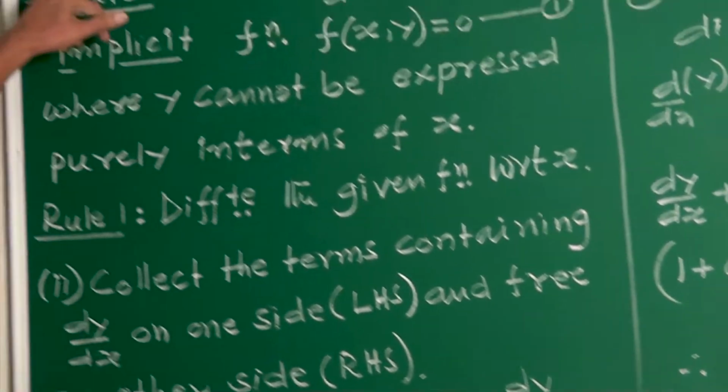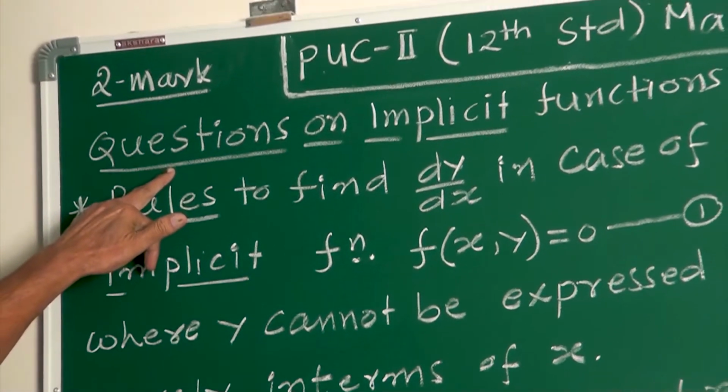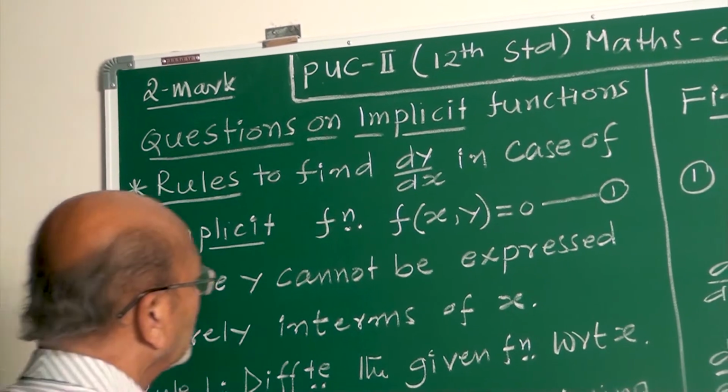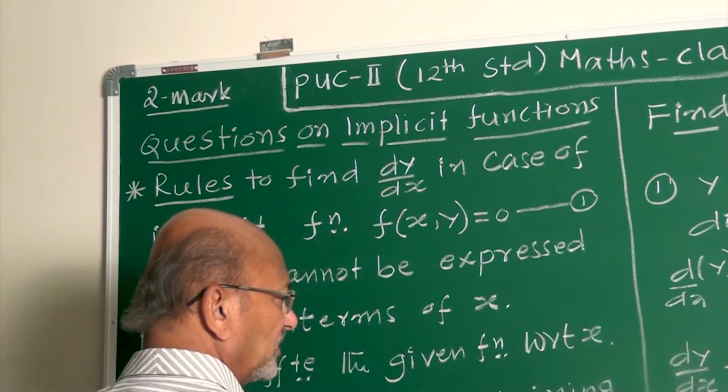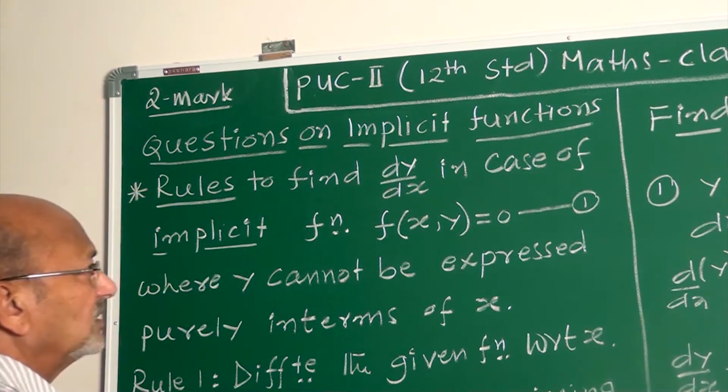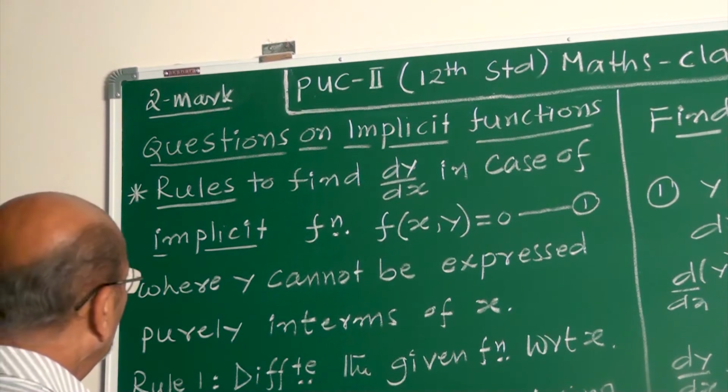First, these are 2 mark questions on implicit functions. I am going to do first some examples, my friends, from your exercise 5.3.